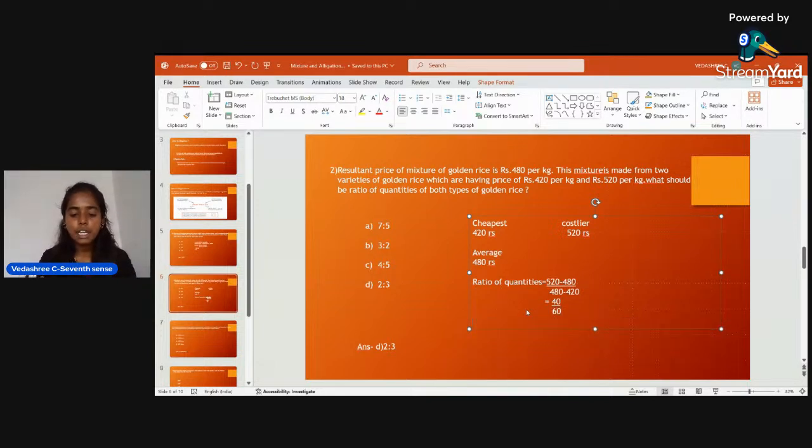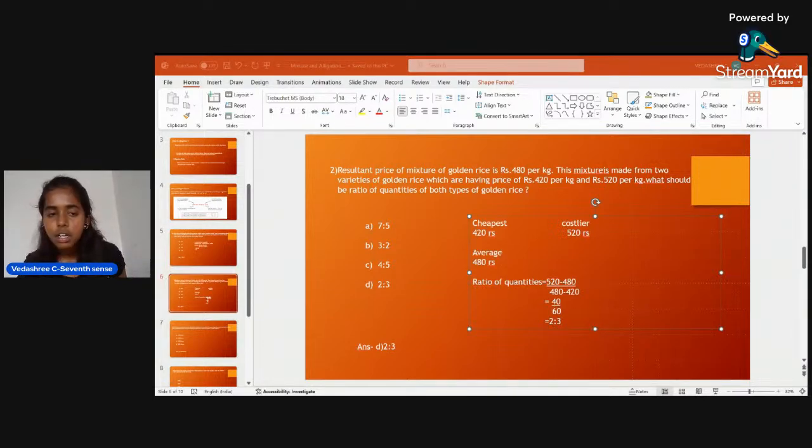Next, 40 divided by 60 is nothing but 2 is to 3. 20 2s are 40 and 20 3s are 60. That is 2 is to 3. The ratio of quantities of both types of golden rice is 2 is to 3. Understood?